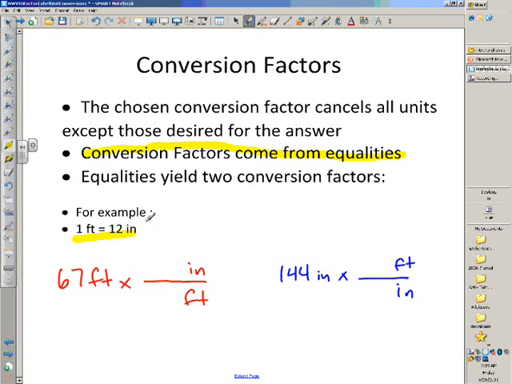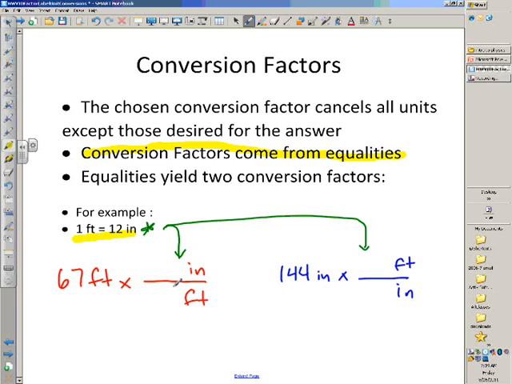This equality right here, the 1 foot is equal to 12 inches, can be used to fill in this conversion factor, but it can also be used to fill in this conversion factor, right? Because they're equal, it doesn't matter which way we flip them. What's on the top, what's on the bottom, this is the same value. And more importantly, it's 1, right?